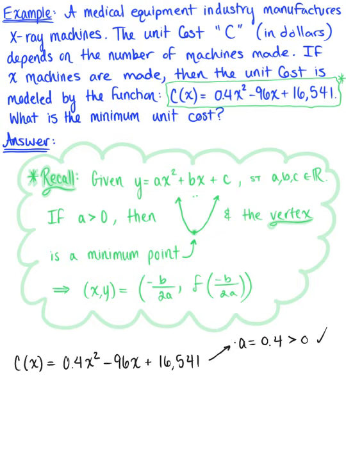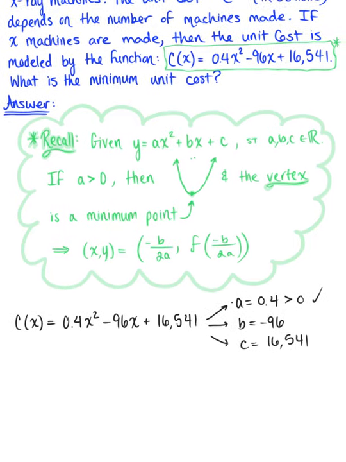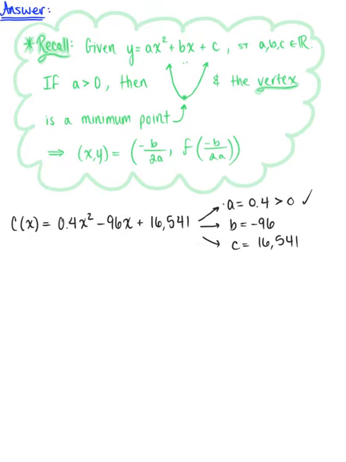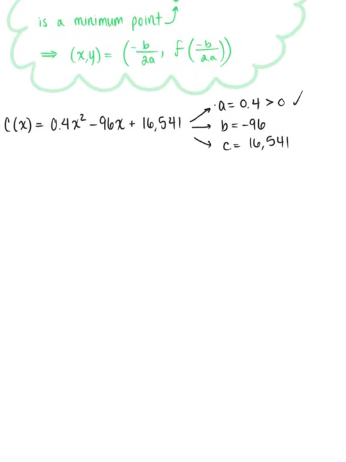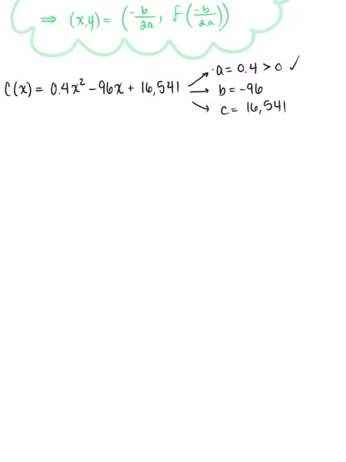We also have a b coefficient, minus 96. And last but not least, we have a c coefficient, which is 16,541. So we want to use these coefficients with our vertex formula above to find the minimum point, that y value. So here we go.